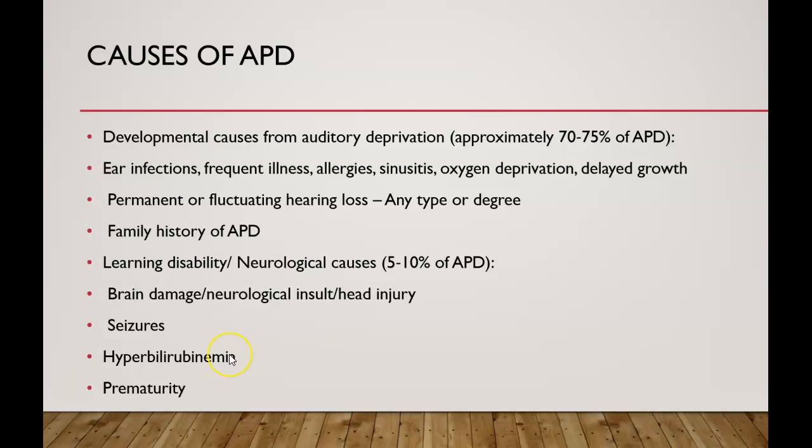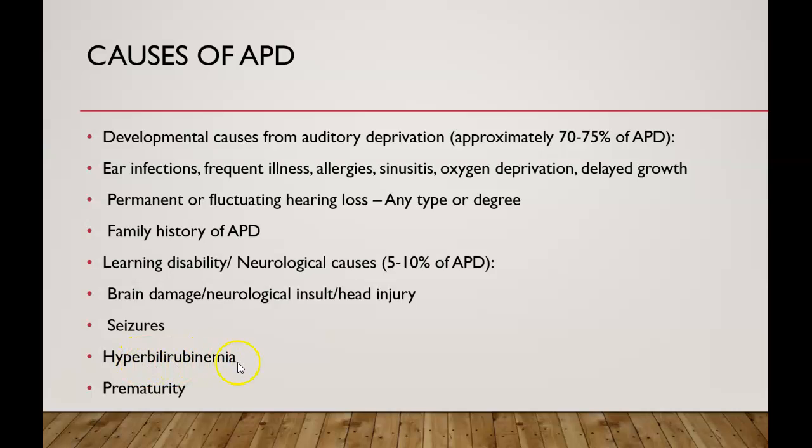Hyperbilirubinemia is an overproduction of bilirubin, and bilirubin is a substance in the blood that filters out substances in the blood. So when there's an overproduction, it's really focused on trying to eliminate the excess.